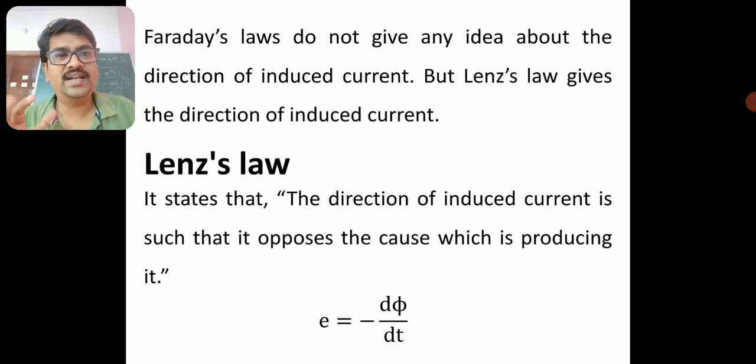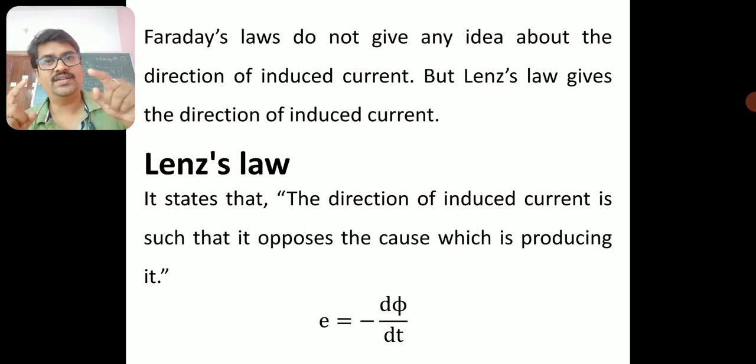It states that the direction of the induced current is such that it opposes the cause which is producing it. Now you understand that the direction of the current induced in the circuit is like that. It opposes the cause which is producing it. What is actually the cause which is producing it? The flux change.